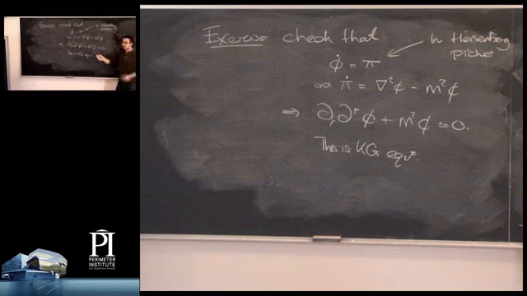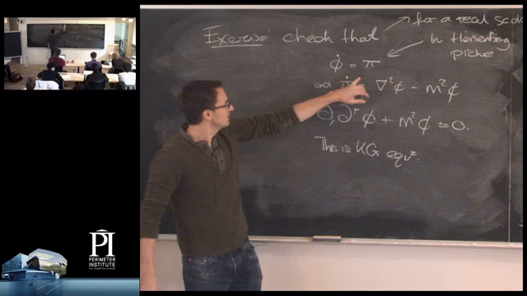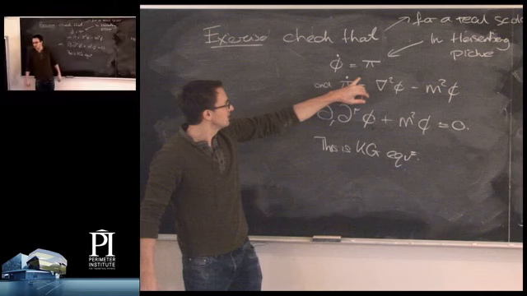Earlier you had that pi was the time derivative of phi star. Oh, sorry, no, this is for a real scalar field. If you did it for a complex scalar field, you'll still get the star. The star will still appear here.